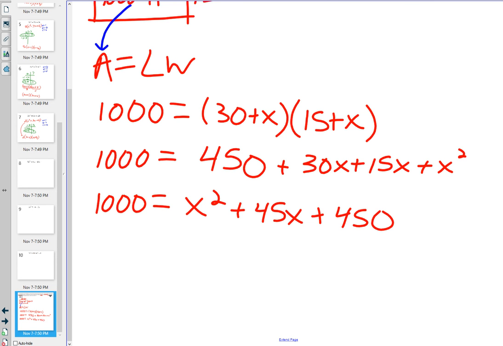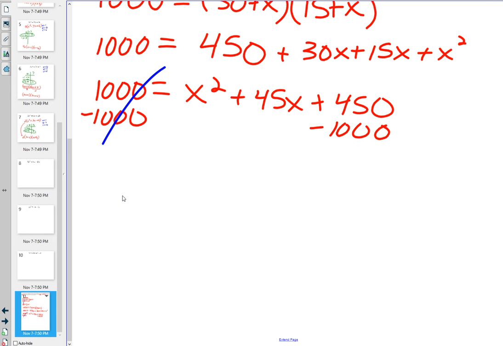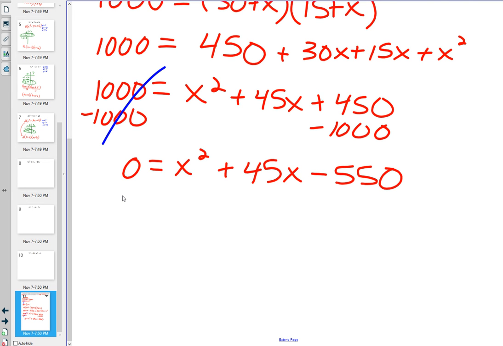Have I confused anybody with that? In order to make this equal to 0, I'll do minus 1,000 and minus 1,000. So I get 0 equals x squared plus 45x minus 550. And now I have to go back and factor.